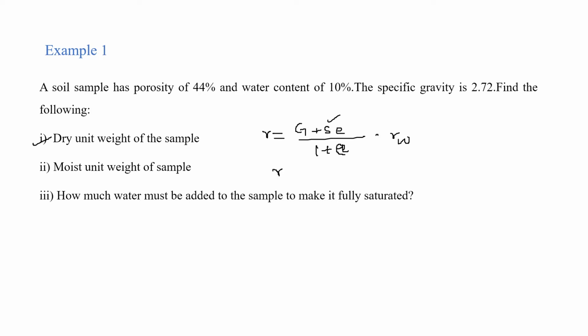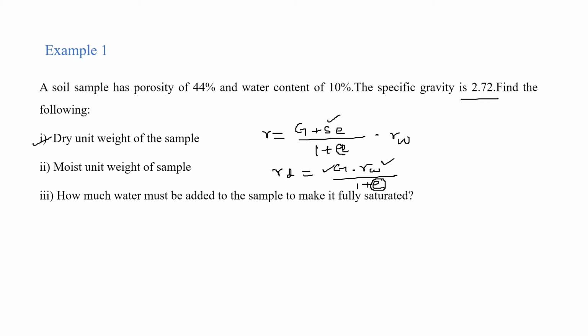So the relationship reduces to dry unit weight equals G gamma w divided by (1 plus e), right? The unit weight of water is the standard which we take as 9.81 kilonewton per meter cube. We already have the specific gravity given as 2.72, and we need to know the void ratio, which is not given.